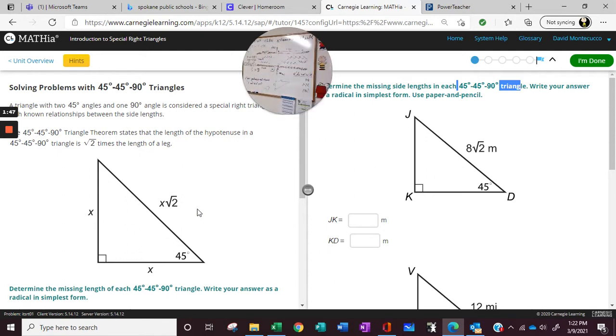So let's write that in there: multiply and divide. When we go from the leg to the hypotenuse, we multiply by radical 2.